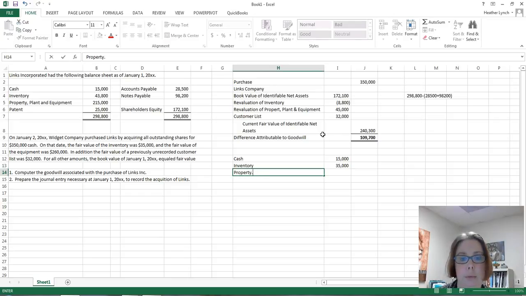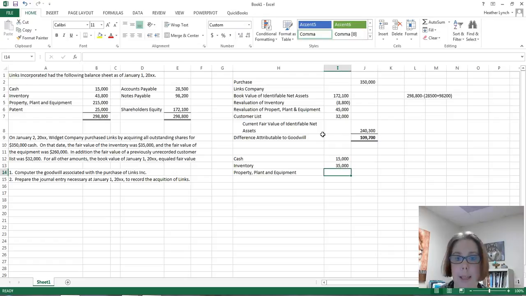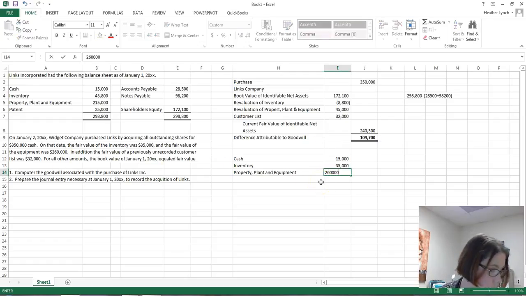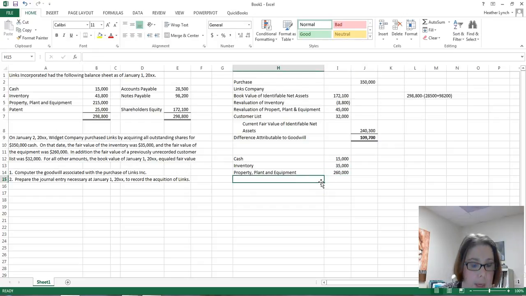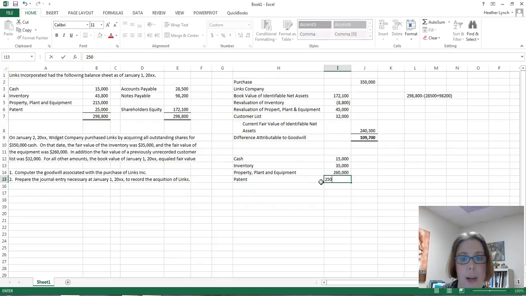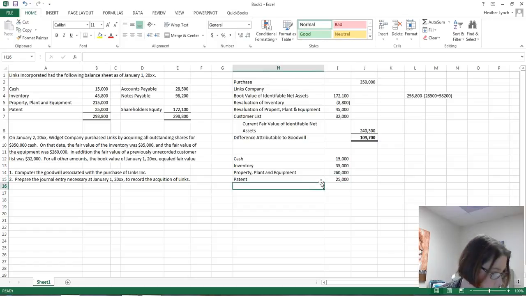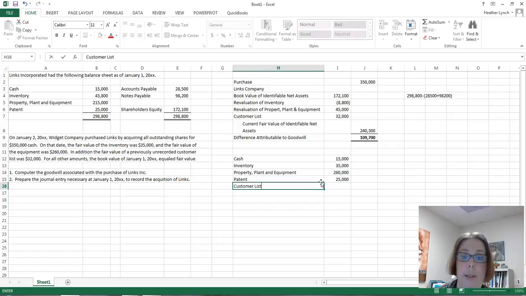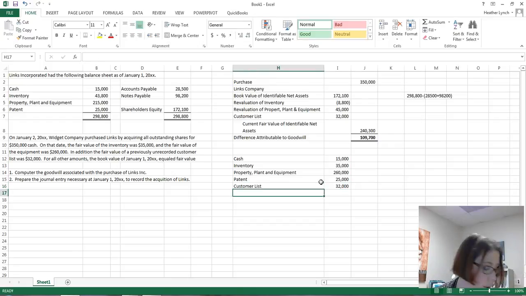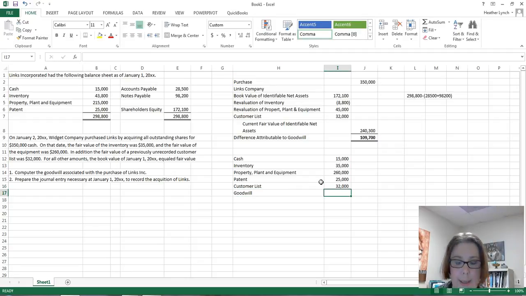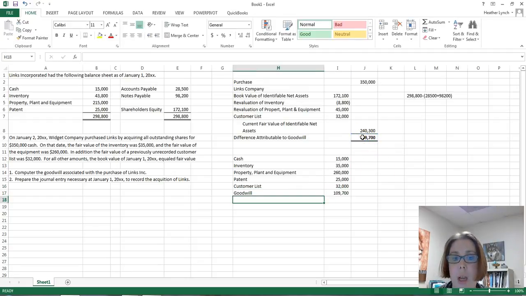Property, plant, and equipment had a fair value of $260,000, so we're going to acquire it as that. We had a patent, that was fine at $25,000. The customer list is at $32,000. Our Goodwill is $109,700. So those are our debits.